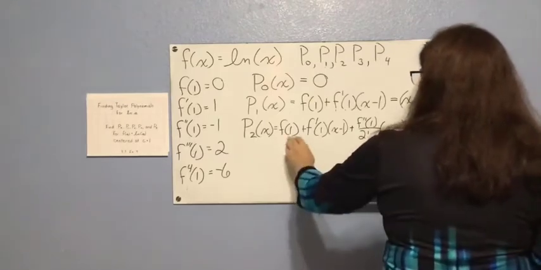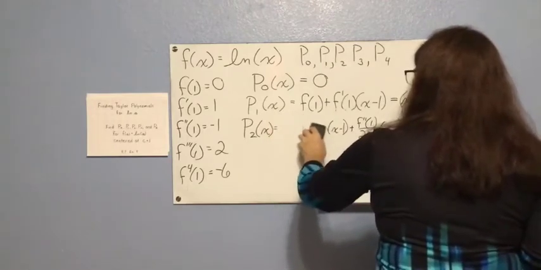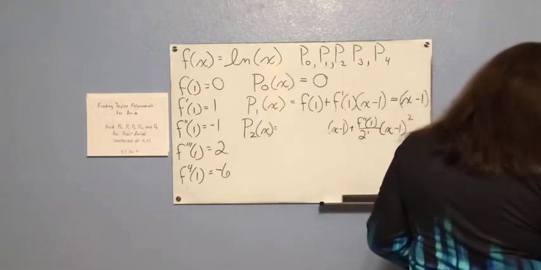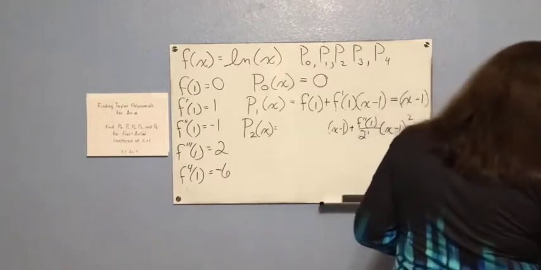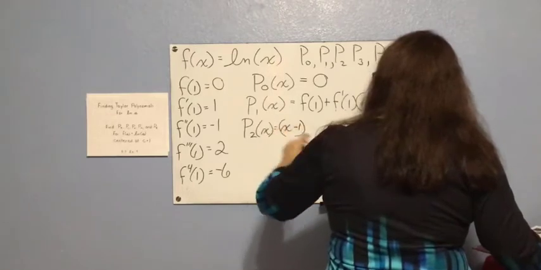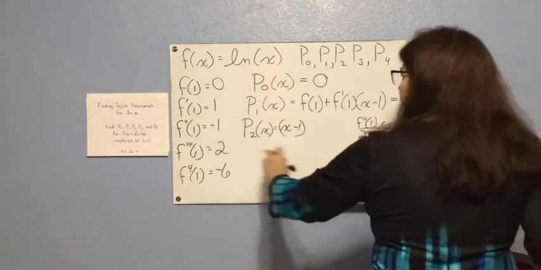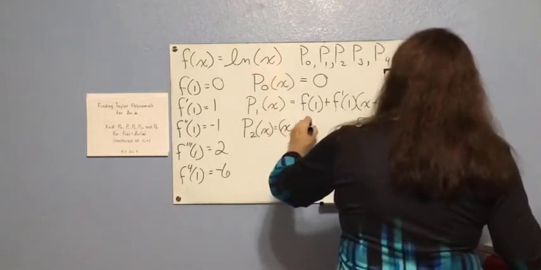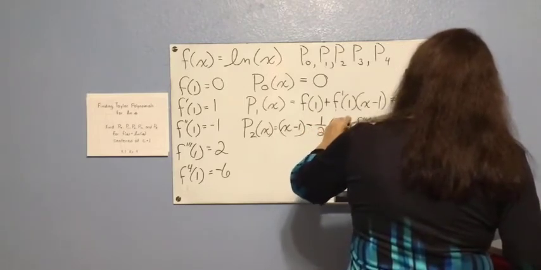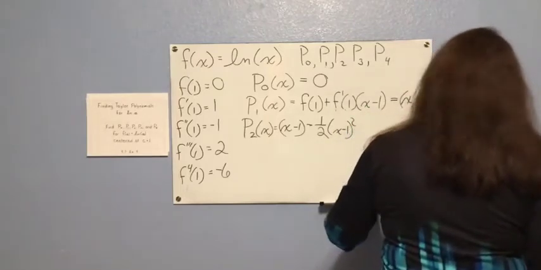Okay, and again, f of 1 is going to drop out. F prime of 1 is just 1, so I could write this as x minus 1. F double prime of 1 is negative 1, so it's going to be minus 1 over 2 times x minus 1 squared. So that's p sub 2.